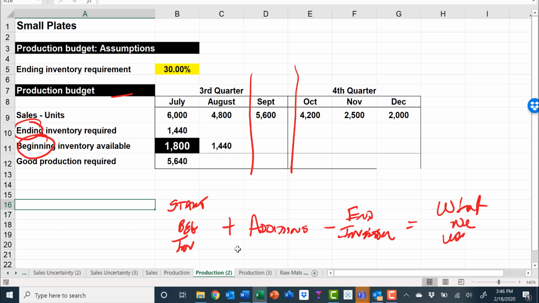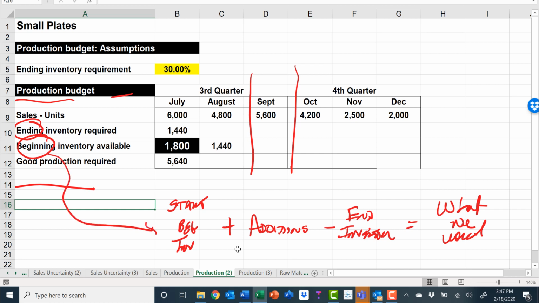These terms are obviously very descriptive, but we also need to link them back to our little table here. And so the beginning inventory, boom.